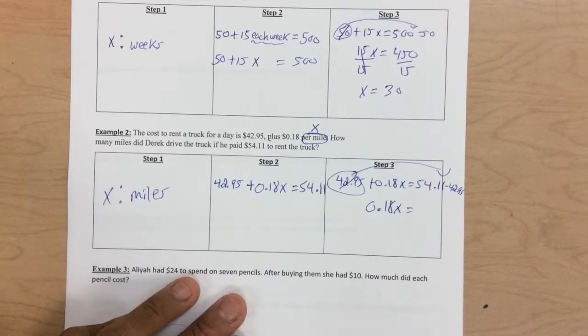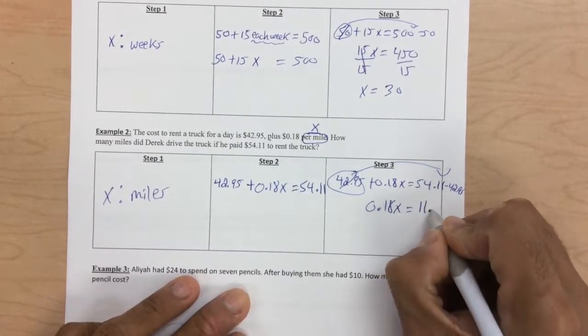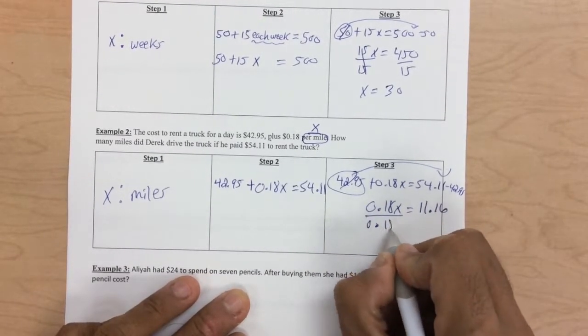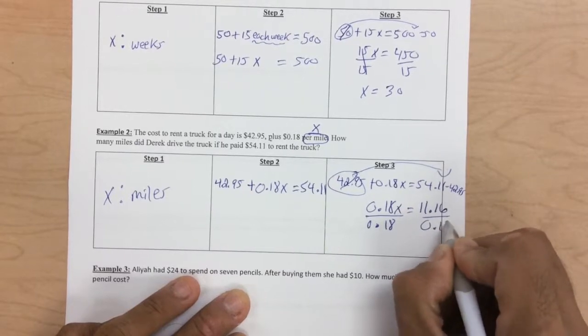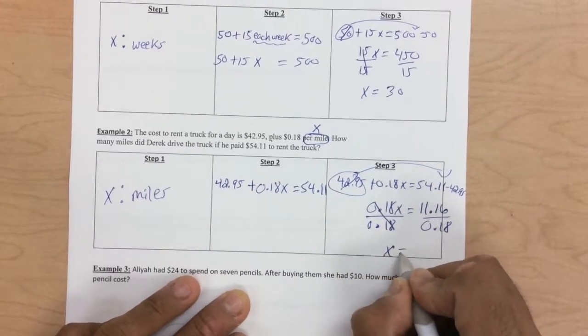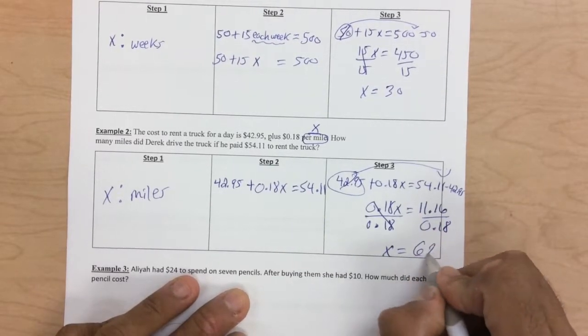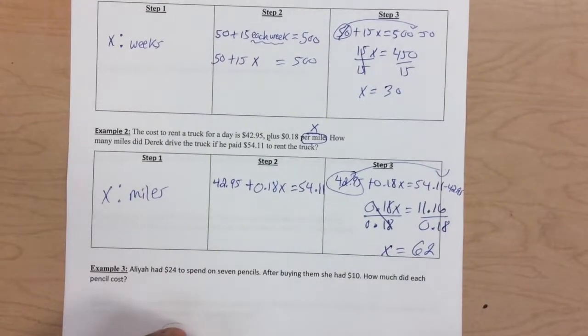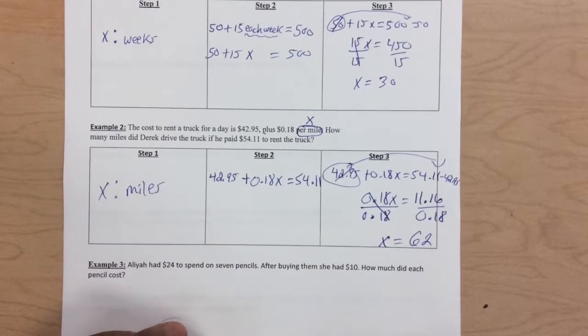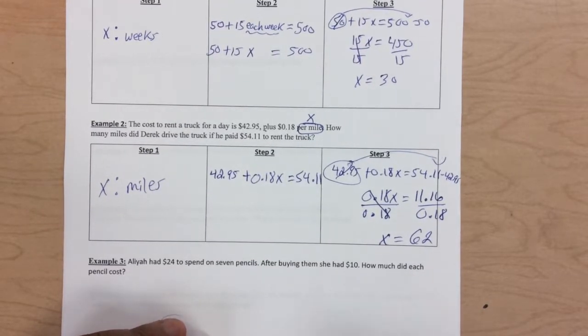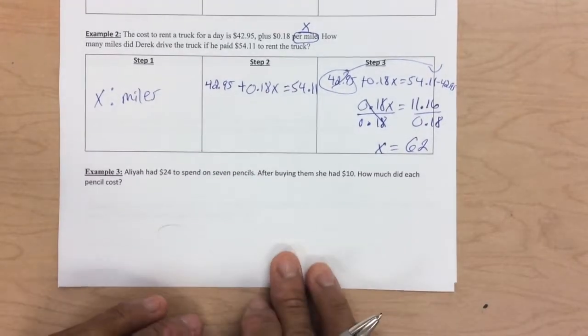Take away 42.95 gives me 11.16. Then I want to divide by 0.18, and I'm left with 62. So it will take Derek, or according to the problem, Derek drove the truck for 62 miles. Okay?